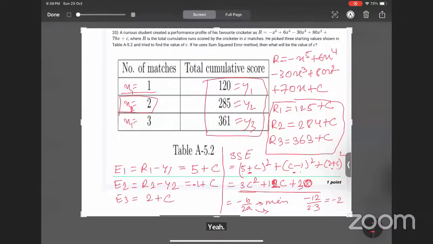Actually, the equation is in linear form, just like y is equal to 4x plus 15. I will give you the values of x and y.